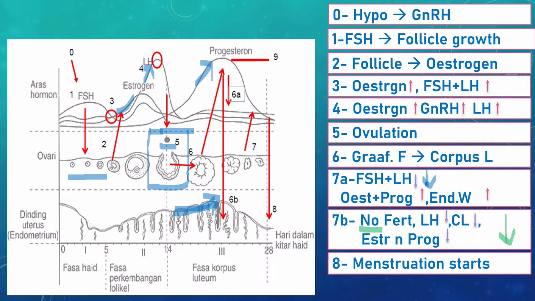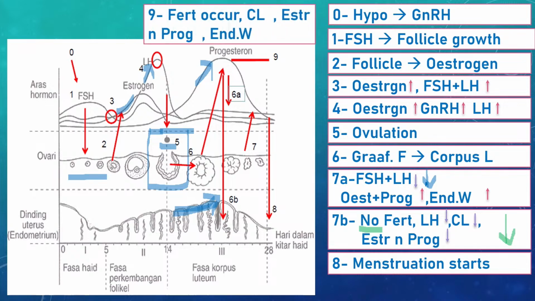But on the other hand, if fertilization does occur, let's say fertilization happens, then what happens here? The corpus luteum will be maintained, so it is still big. When it is still big, it continues to release more and more estrogen and progesterone.